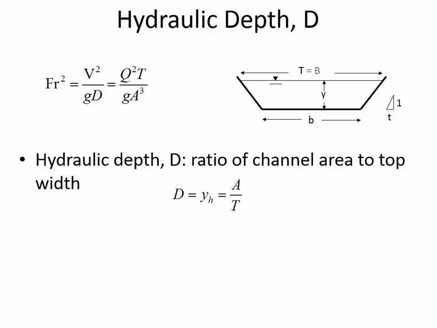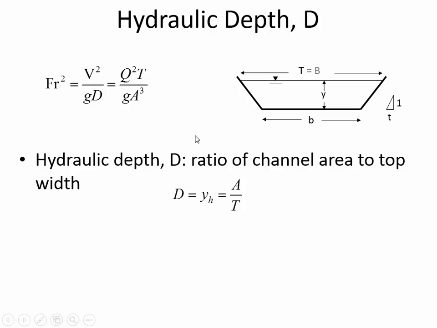And you'll notice that the Froude number equation here can be in terms of the flow rate, top width, and area. Or if we happen to know the hydraulic depth, d, then we can simplify it just by putting in the velocity, and we don't have to put in a separate t parameter.